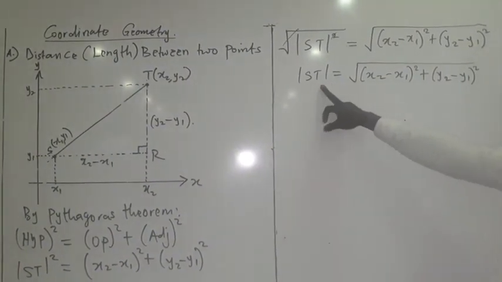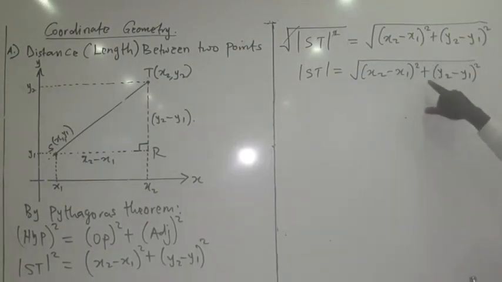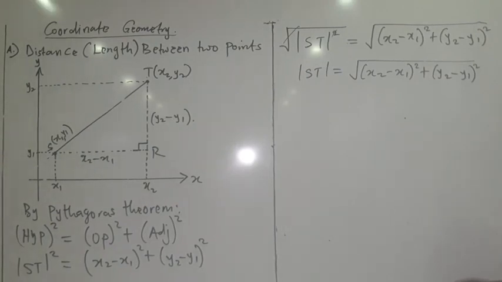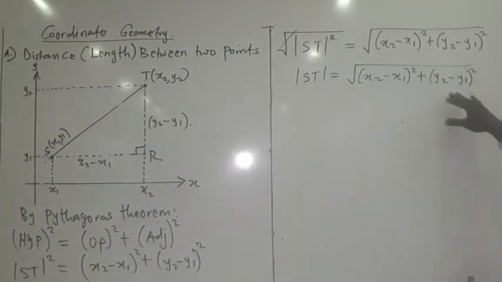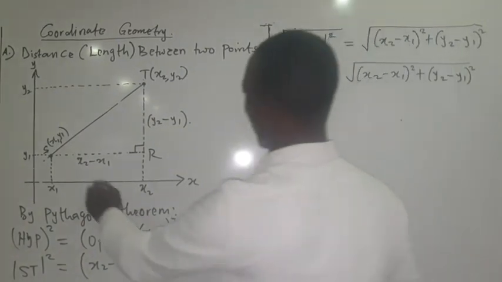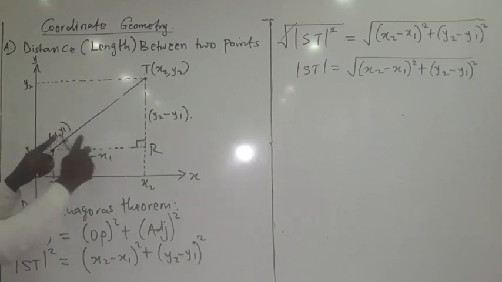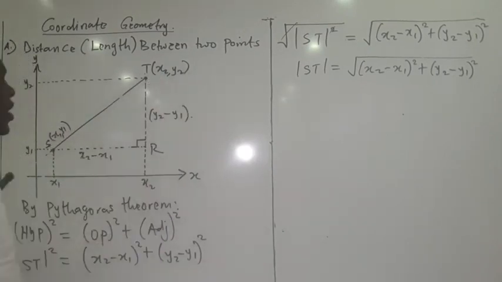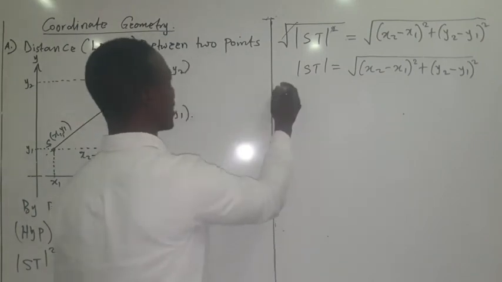And where do we get x2, x1, y2, y1? We get x1, y1 from S, which is of coordinate x1, y1, and x2, y2 from T, which is of coordinate x2, y2. So let's now move to the first example.